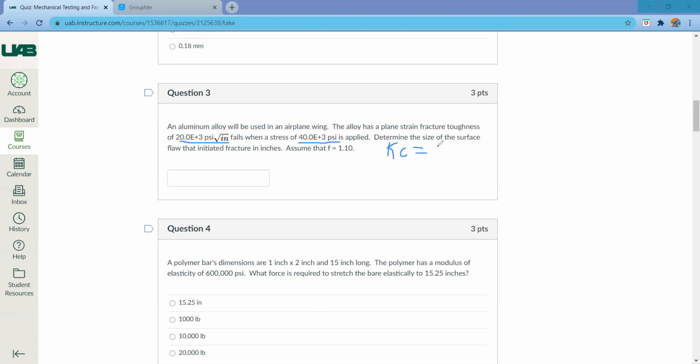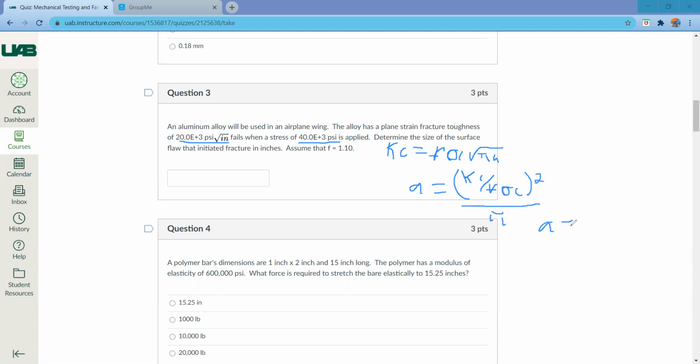So same formula, Kc is equal to F times sigma C root pi a. Once again, a is going to equal Kc divided by F sigma C, squared, divided by pi.